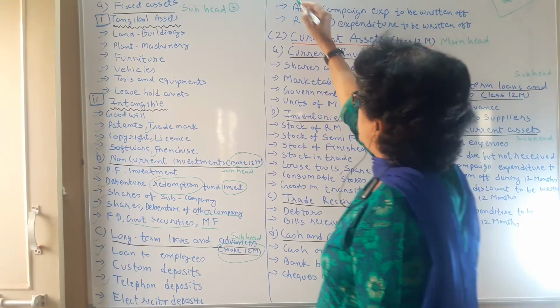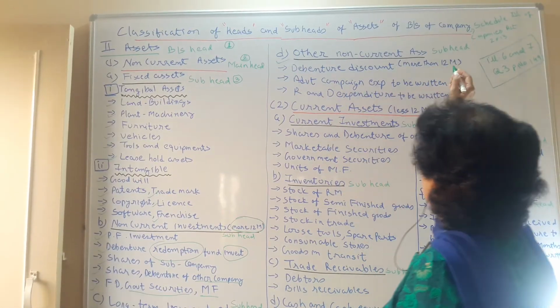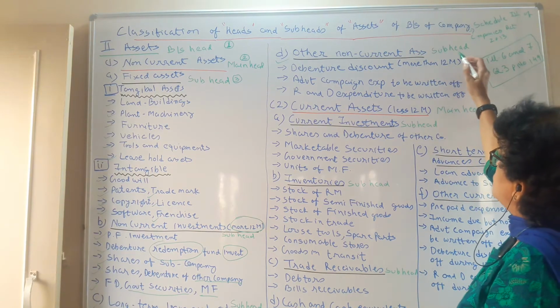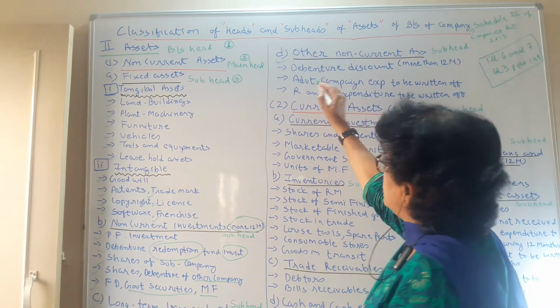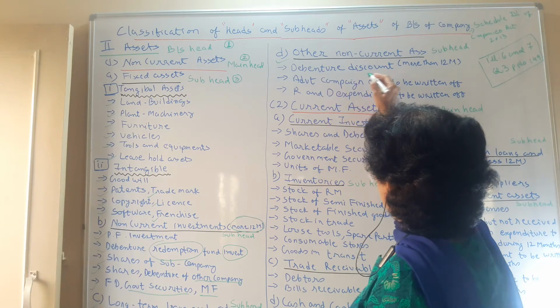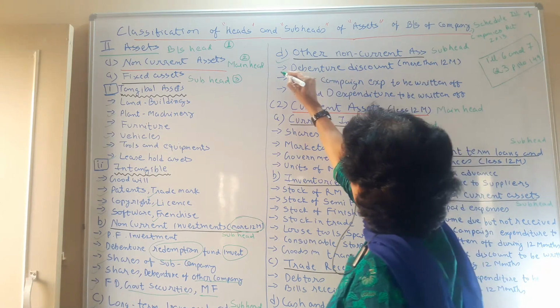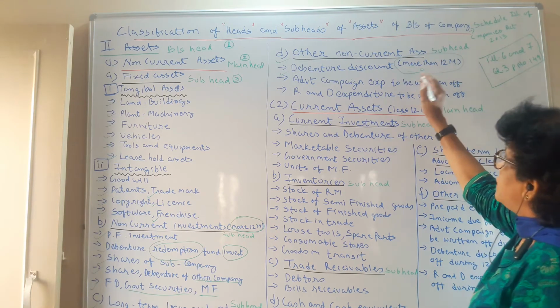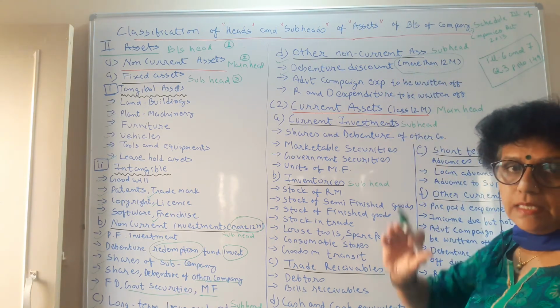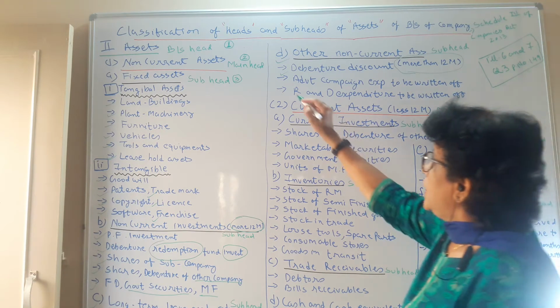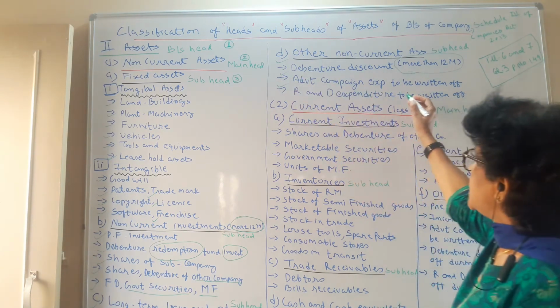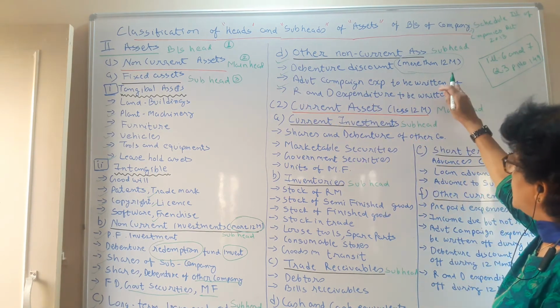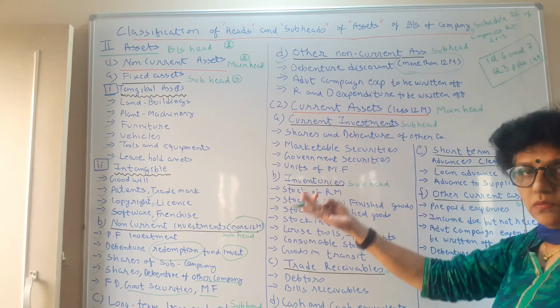The fourth important point is other non-current assets. This is going to be your subhead. Which assets do you have? Debenture discount for more than 12 months. Again, because it is long term, the more than 12 months condition has to be fulfilled. You have advertisement campaign expense to be written off, again for more than 12 months.